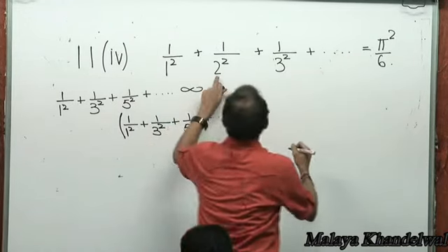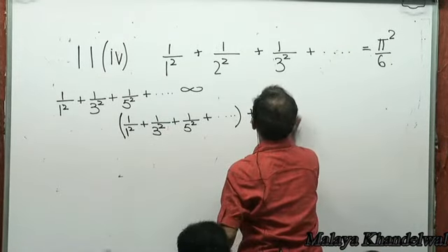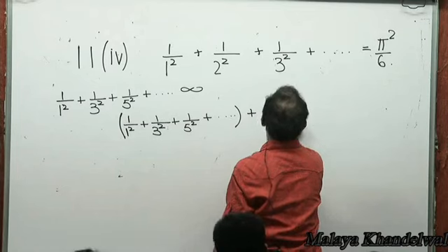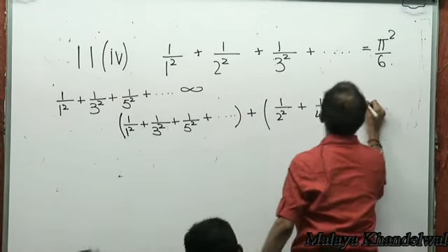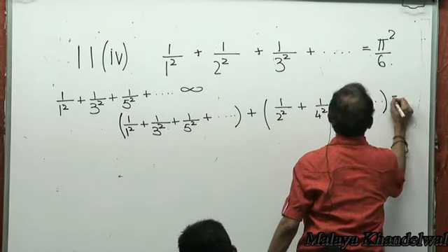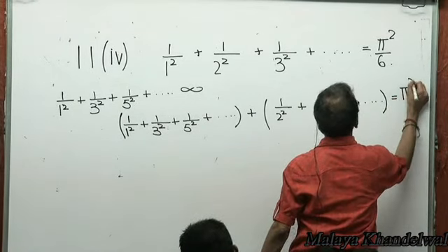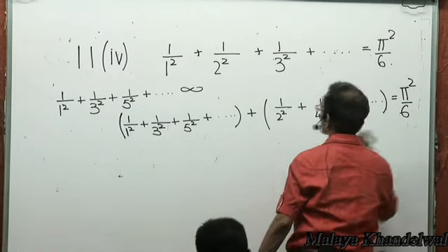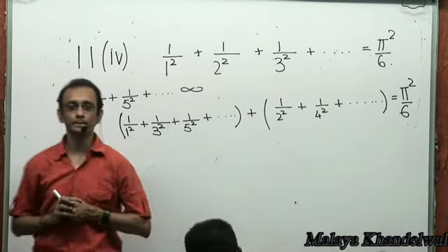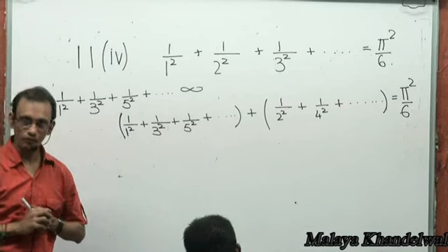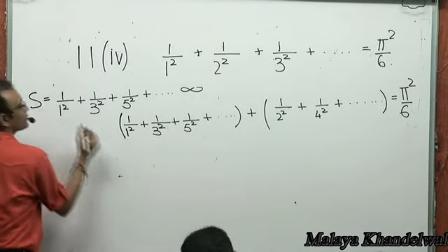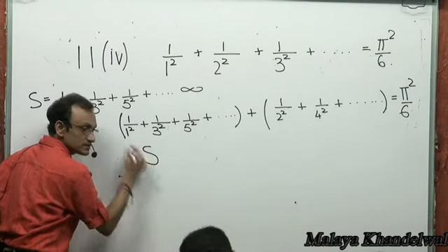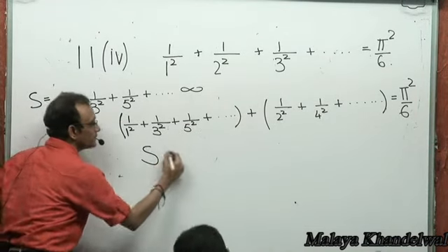And then the ones that are squares of even numbers, 1 by 2 squared plus 1 by 4 squared plus up to infinity. That's equal to pi squared by 6. This is the sum S that we need. Refer to this as S. The one that we are seeking.